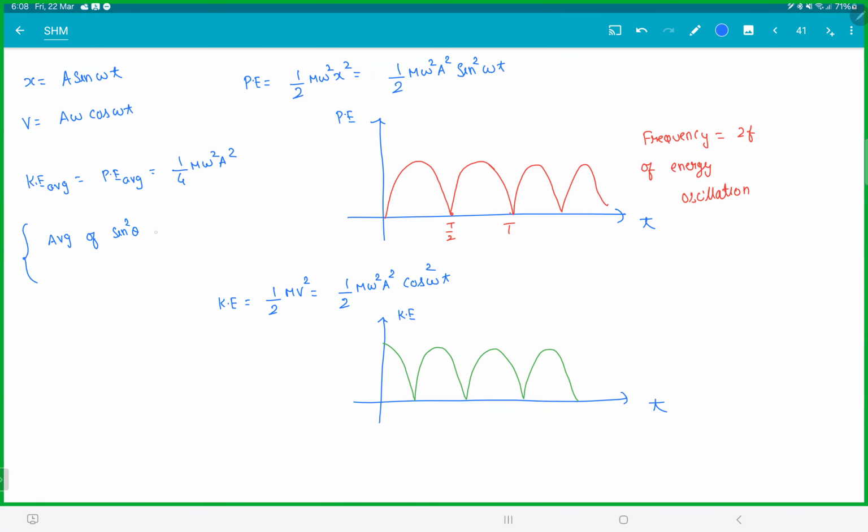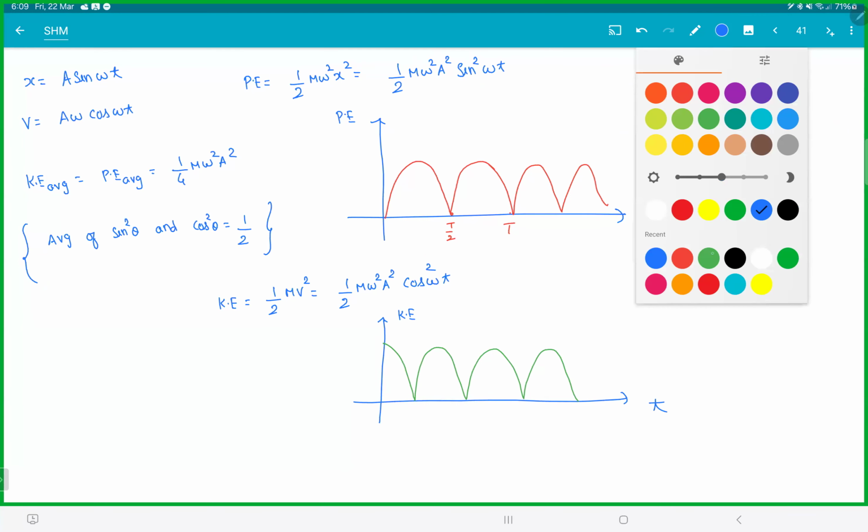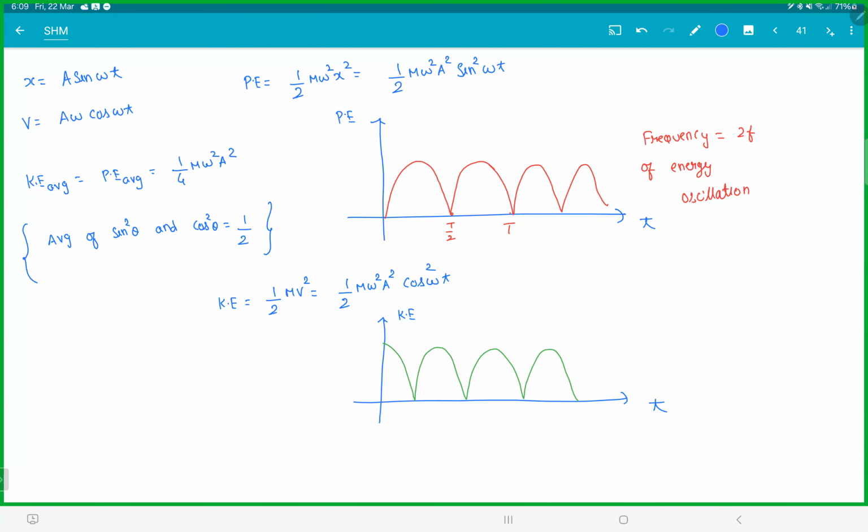Average of sine square theta, cos square theta is half. This is important.